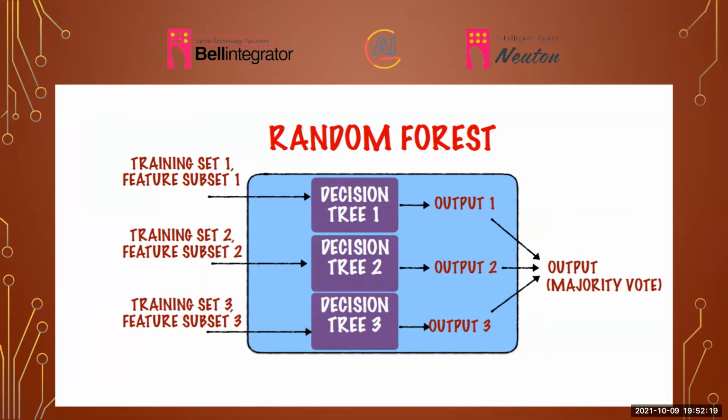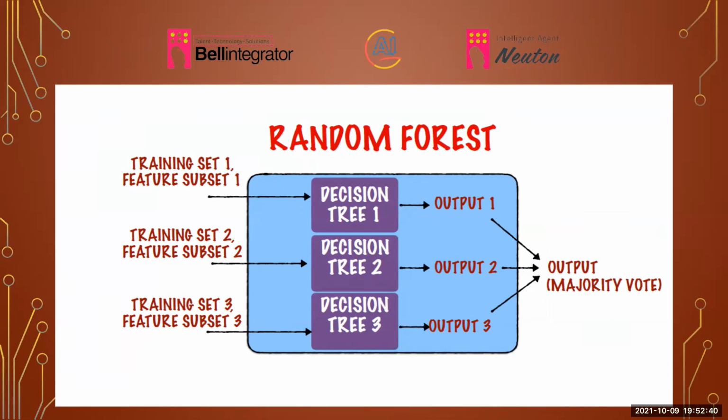For the second model, we use F2 and F3 as a feature subset. We can make multiple permutations and combinations over it and have multiple trees generated that way. And the output will be the majority vote, right?